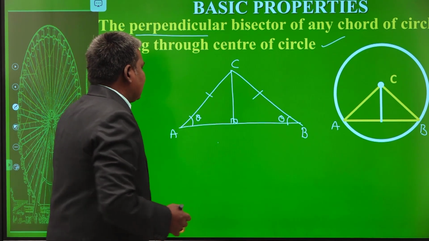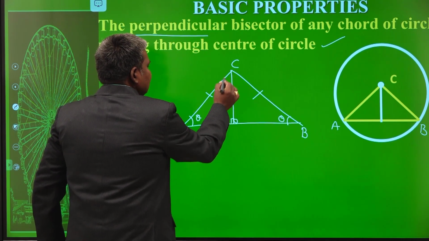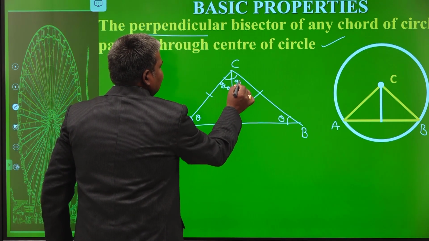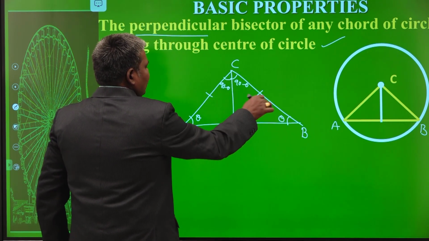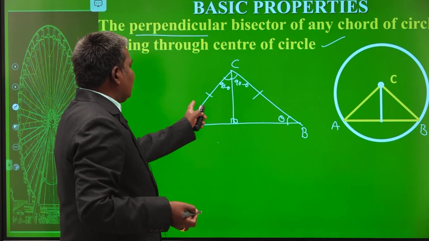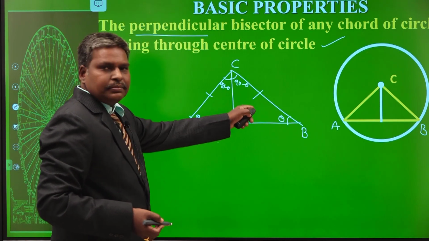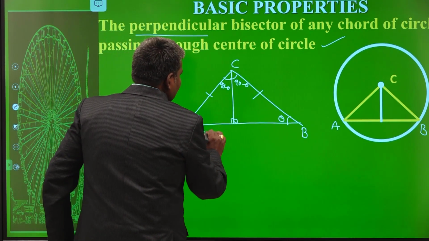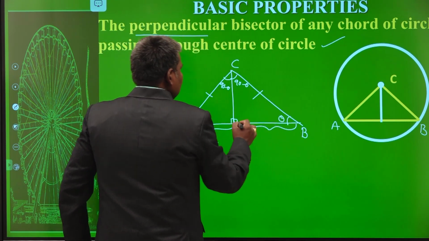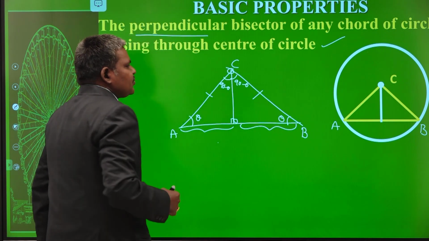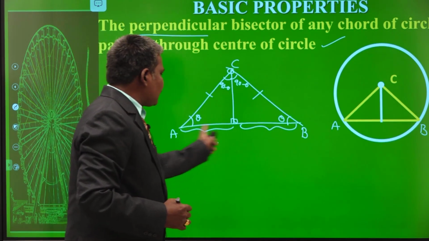These two are theta, this is 90, this is theta. This angle is 90 minus theta. Similarly, this is also 90 minus theta. Three angles are equal in these two triangles. By the AAA property, we can conclude that these two are congruent triangles. When they are congruent triangles, their corresponding lengths are equal. Therefore, this perpendicular bisector always passes through C. So this is the perpendicular bisector.